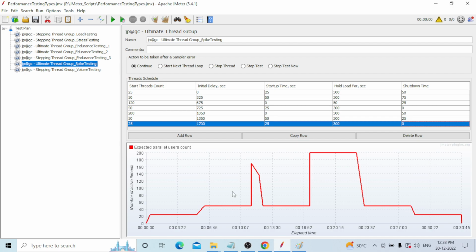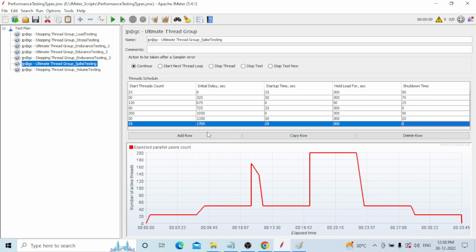Okay, this is the way you need to design the load based on your requirement. You need to design the spikes, execute them, and achieve the spike testing. But for these values, you need to practice 2-3 times; only then will you be able to understand how to give the values for start thread count, initial delay, startup time, whole load, and shutdown time.